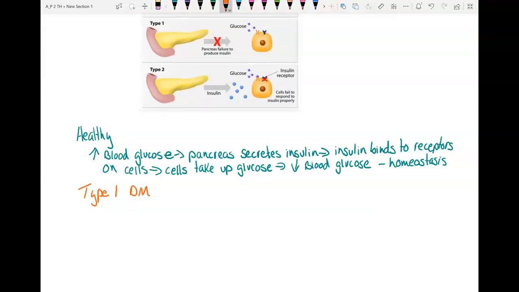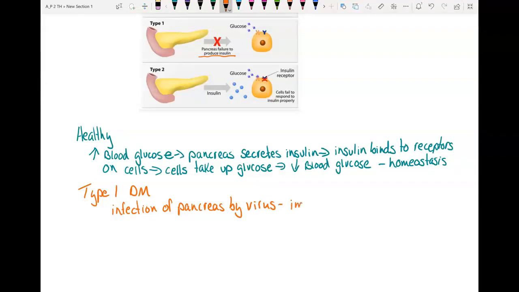In this case, the pancreas fails to produce insulin. So this is when you get an infection of the pancreas by a virus.